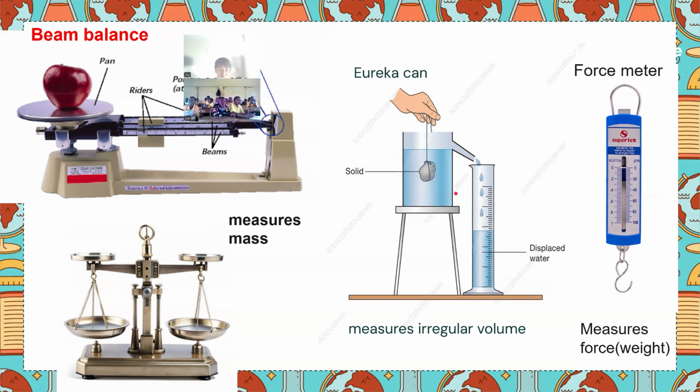Since a solid is irregular, you cannot measure by width times length times height. You put it in water, and the amount of water that it displaces is the rock's volume. It also talked about this force meter, which is used to measure force of gravity. So it is measuring the weight.